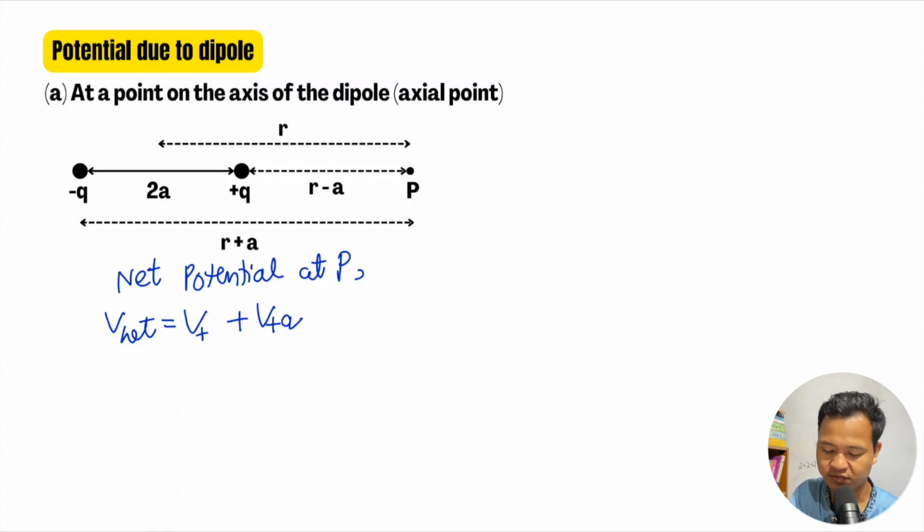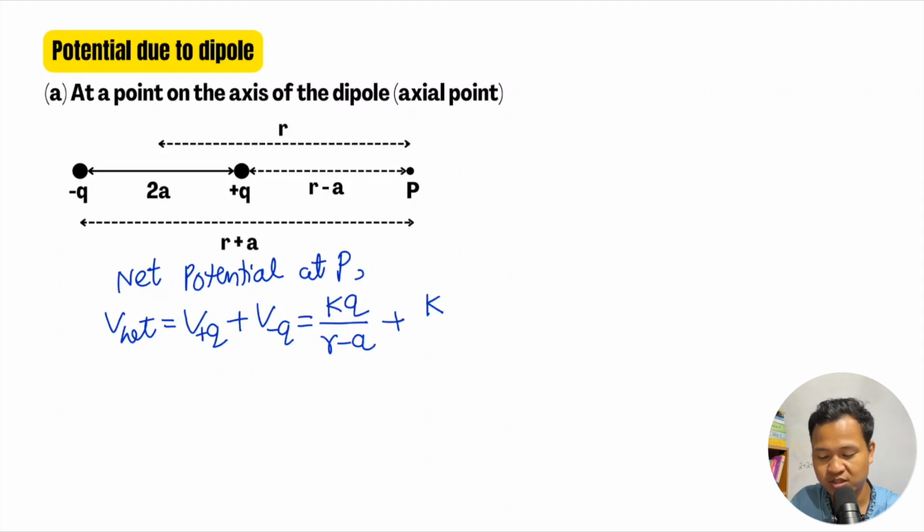The potential due to a point charge is kq by r, so k into plus q divided by r minus a, plus k into minus q divided by r plus a, since we put the charge along with the sign.